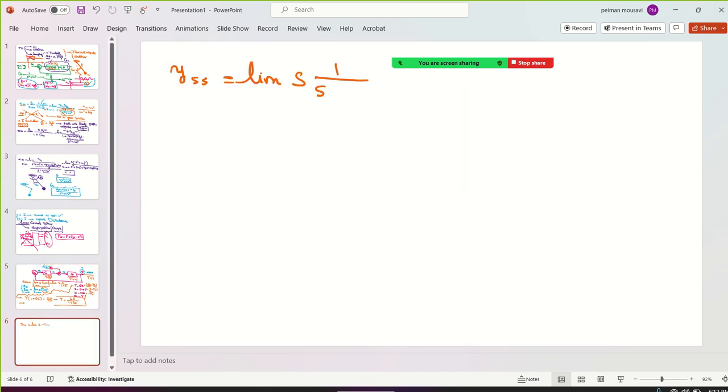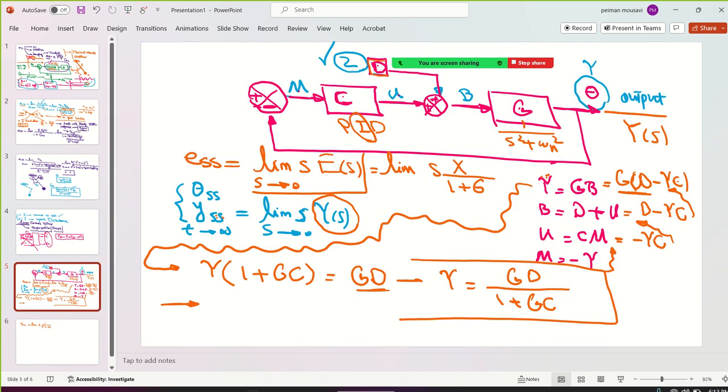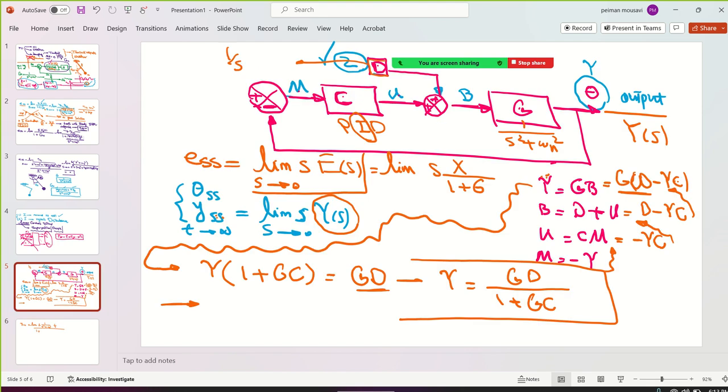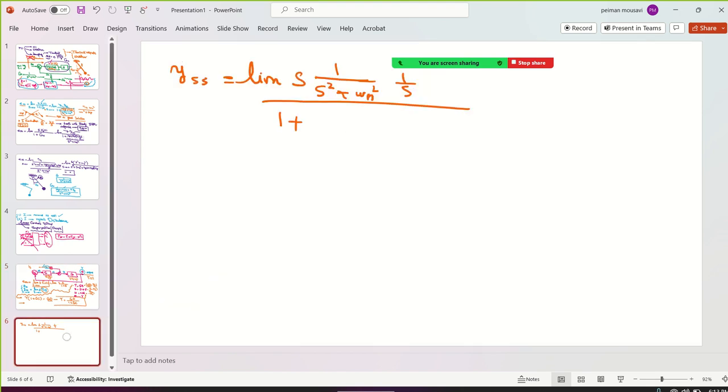What is D? Disturbance was the step here. Say 1 over S, divided by 1 plus GC, as we had previously. KP plus KI, KPS plus KD S square plus KI over S divided by S square plus omega n square.